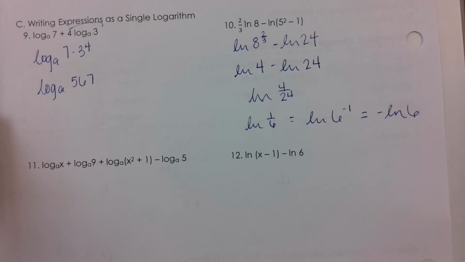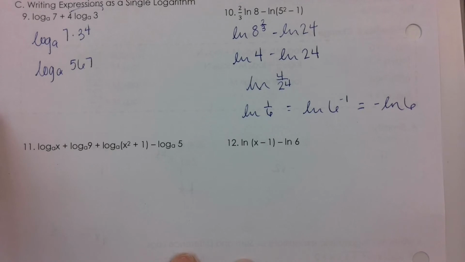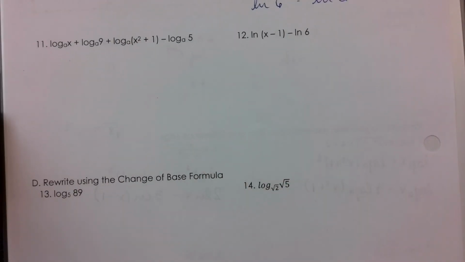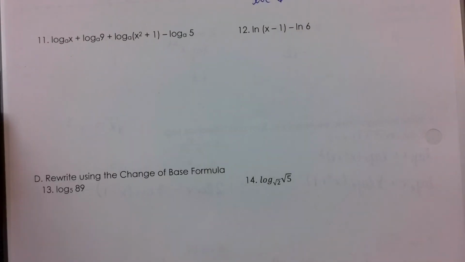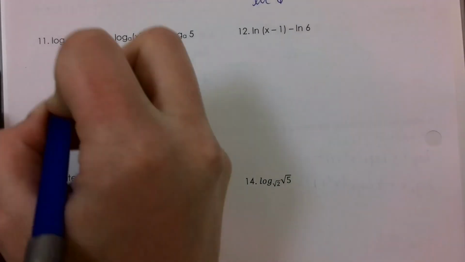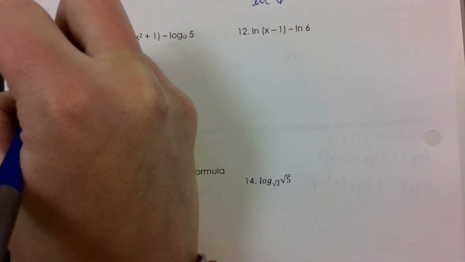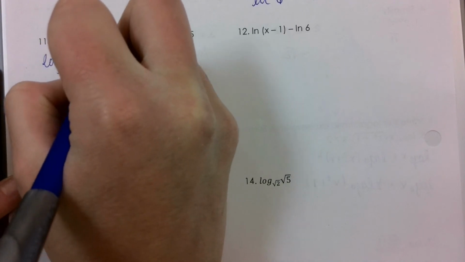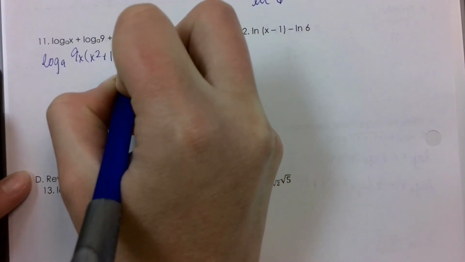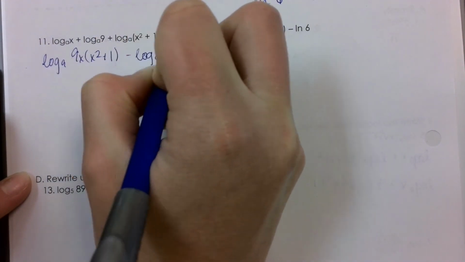All right, any other questions right now? Let's try another one. What could we do with these that are all being added? Multiply. So I'm going to do log base a of 9x times x squared plus 1. And then we have minus log base a of 5.